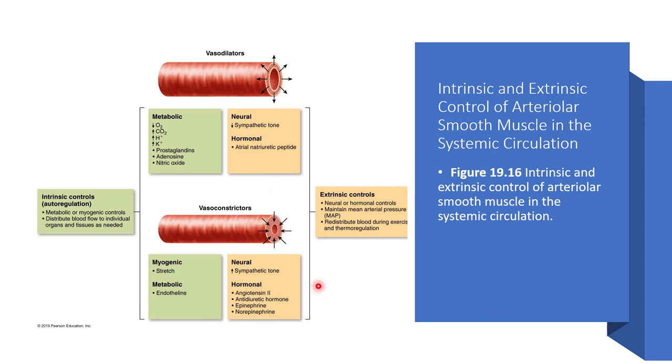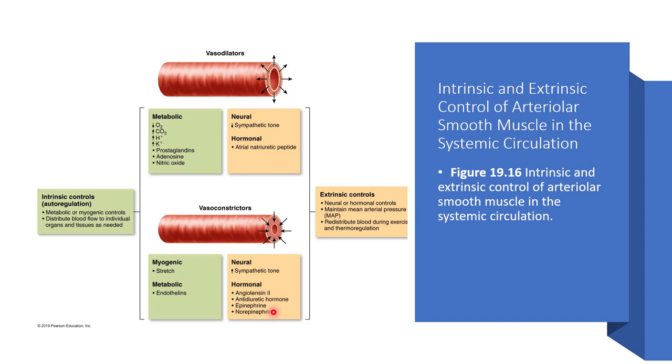The others, for instance in the neural aspect of the extrinsic control, increased sympathetic tone will vasoconstrict a blood vessel and therefore increase blood pressure. And the other hormones work contrary to what the ANP, the atrial natriuretic peptide, would do.